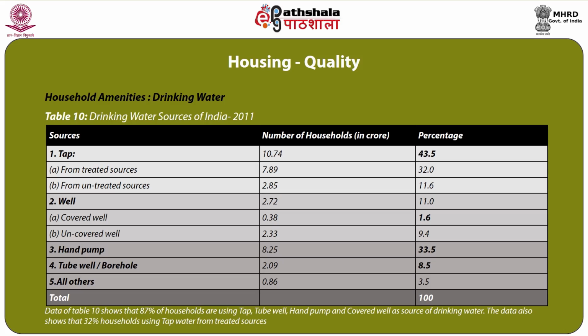The percentages show that tap as a source of water is the highest with 43.5%, followed by hand pump 33.5%. Overall, we can see the data of table 10 shows that 87% of the households are using tap, tube well, hand pump and covered well as source of drinking water. The data also shows that 32% of households use tap water from treated sources.